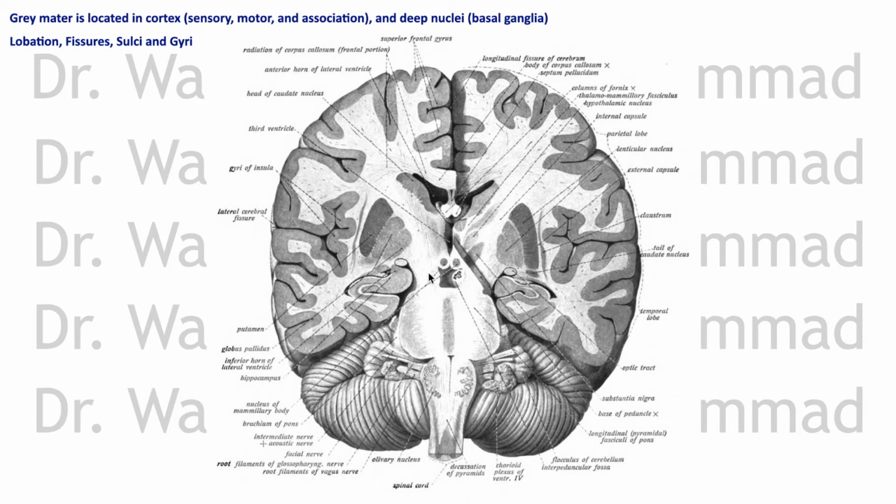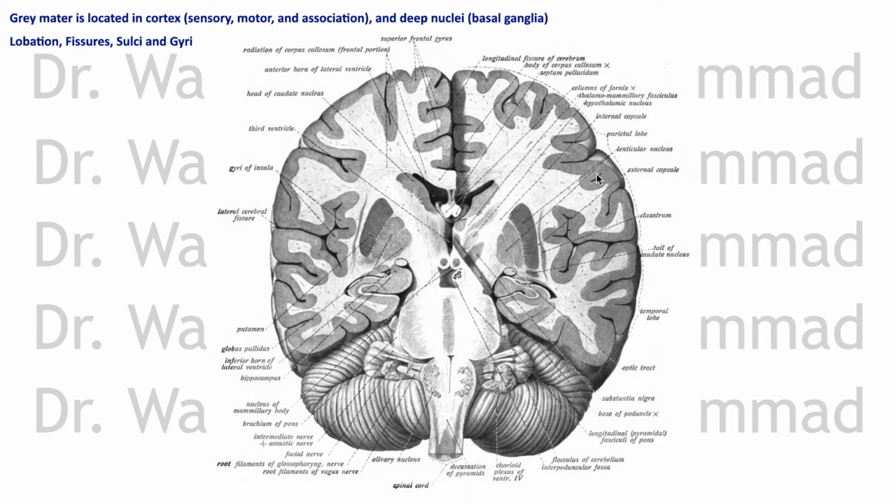Okay, mammillary bodies, for example. So you will find collections of neurons in the midst of the white matter. This is the location of the gray matter. Okay, so to describe the brain, you will divide the brain into hemispheres and divide each hemisphere into areas or lobes and name each gyrus according to its function, for example.